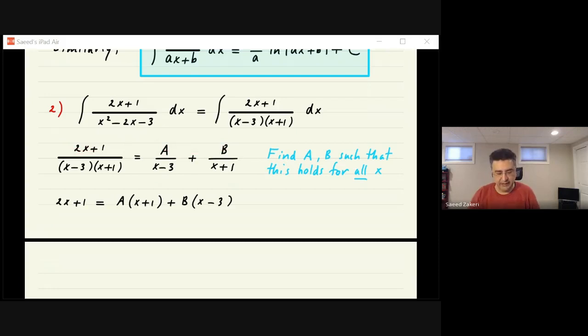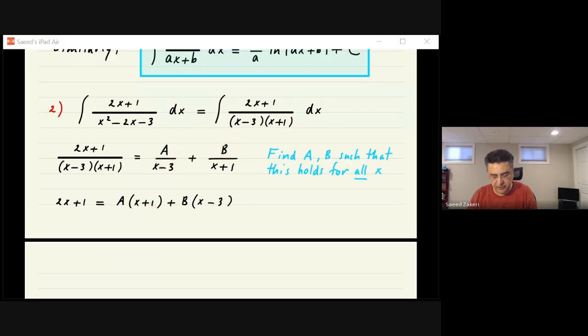Another way of saying it is, now that these two are supposed to be equal, I multiply both sides by this thing, by x minus 3 times x plus 1. On the left side, I'm left with the top. On this side, x minus 3 cancels this x minus 3, so I'm getting A times x plus 1.